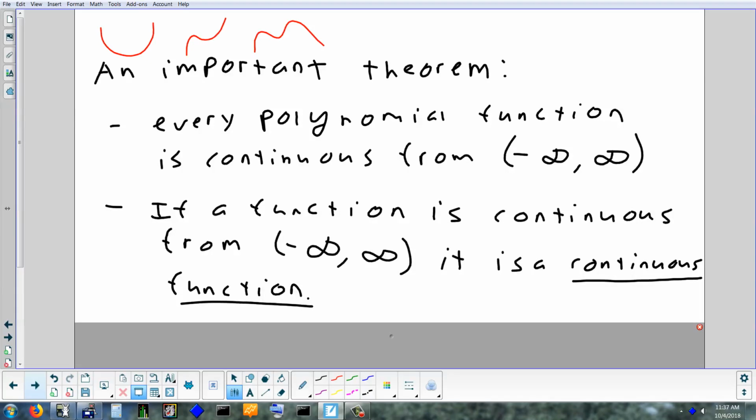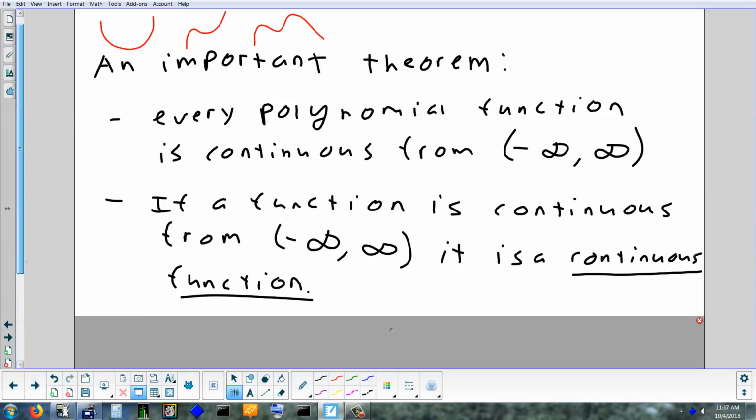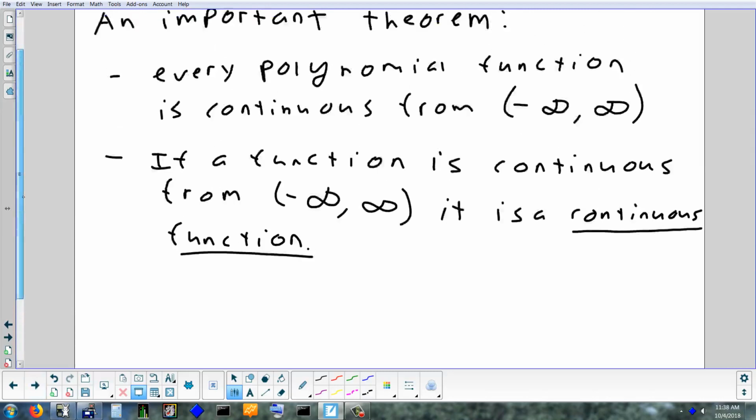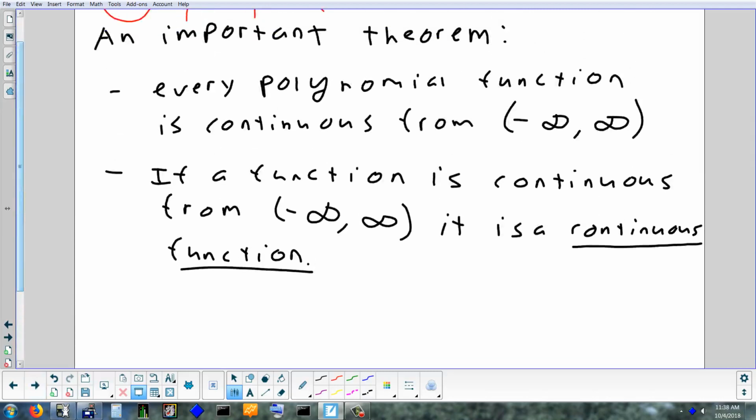Okay, that's called a continuous function. And that's going to tie in with the next thing we look at, which is the intermediate value theorem.